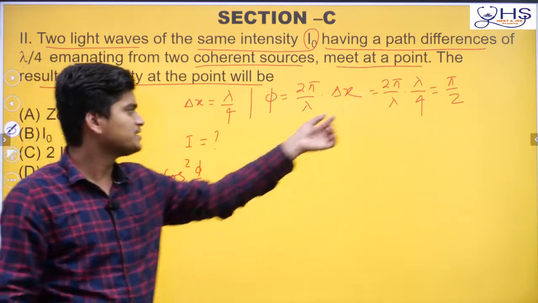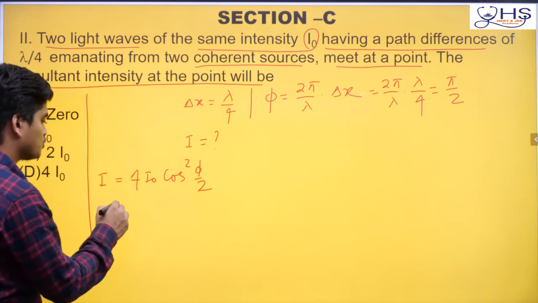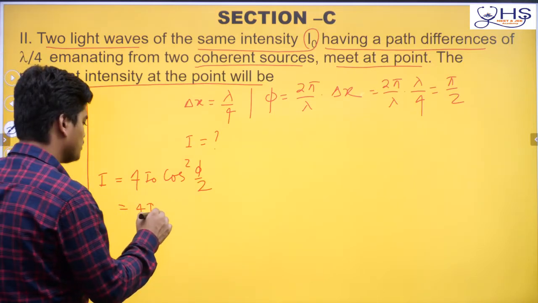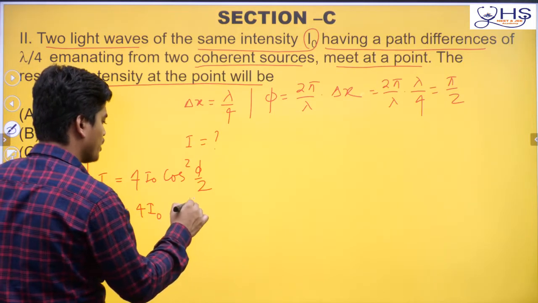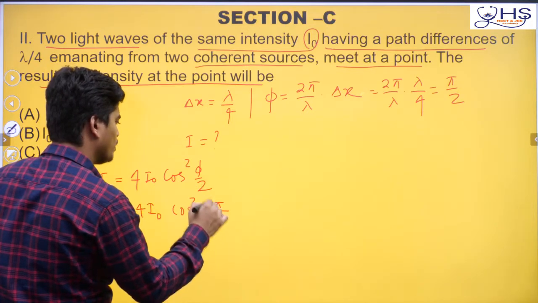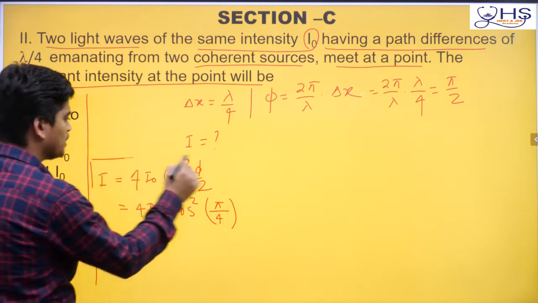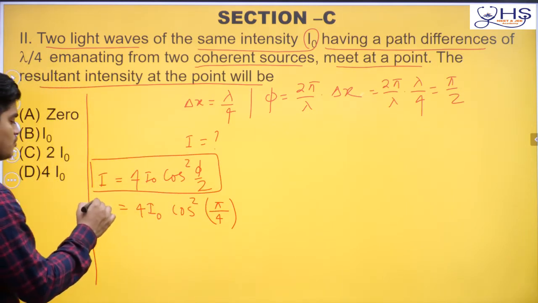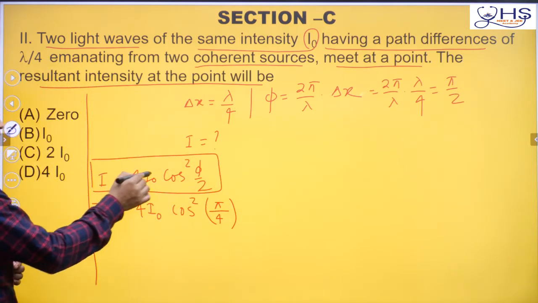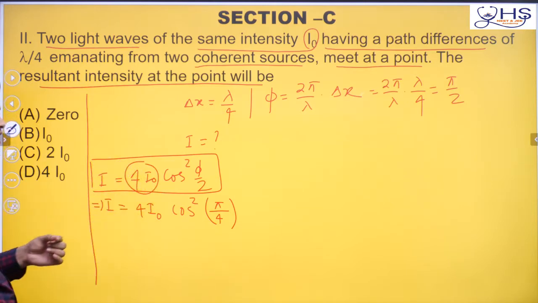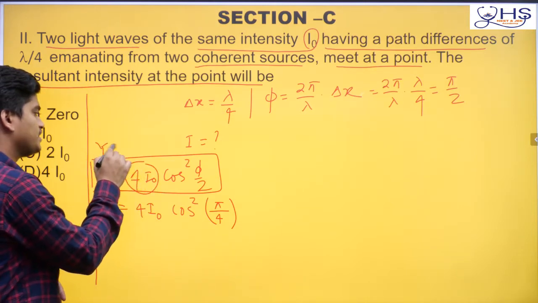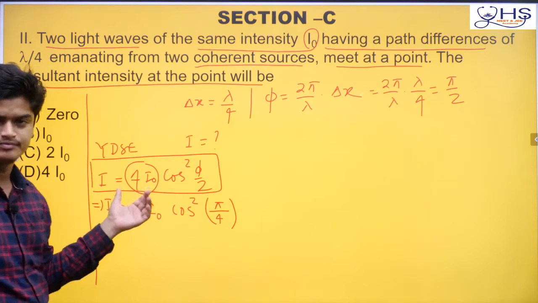So once you know phase difference, you can substitute here. So if I substitute, it is 4 I naught cos square pi by 2 by 2, so pi by 4 it will happen. Remember, this is the resultant intensity expression, and this is the maximum intensity in YDS.